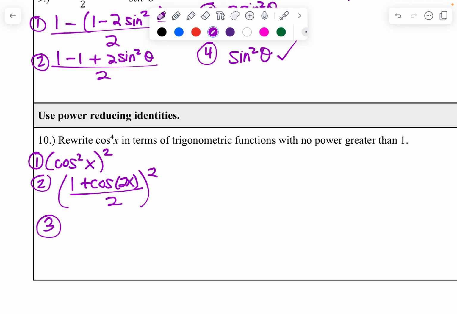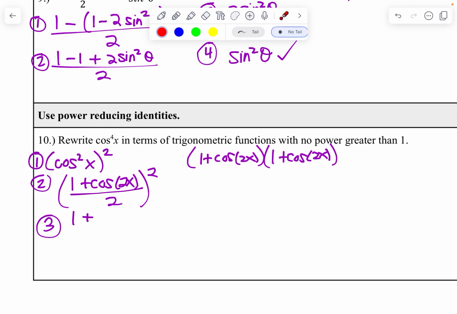Okay, so if we multiply this out, we'll get 1. Remember, we'll have to use FOIL here, so we're doing 1 plus cosine of 2x times 1 plus cosine of 2x. Gotta use our proper algebra skills. So 1 times 1 gives us the 1.